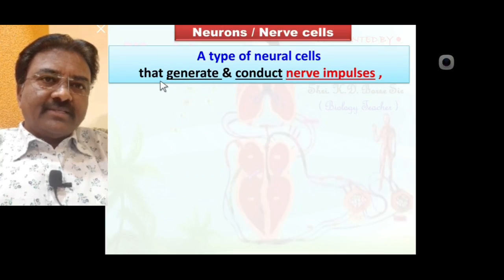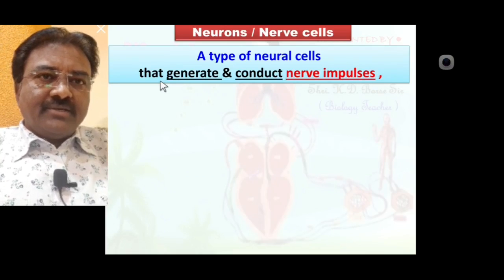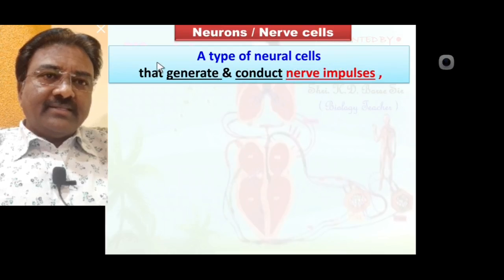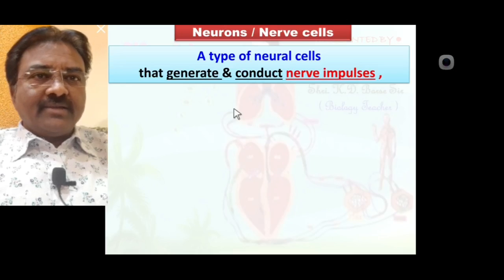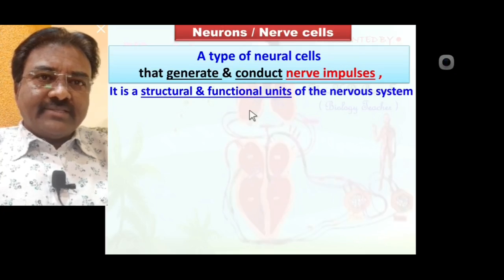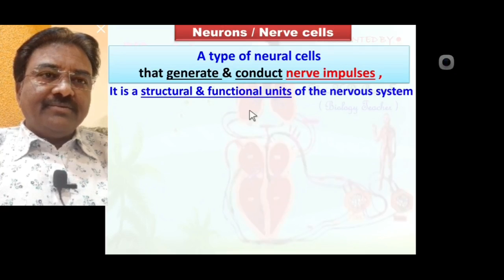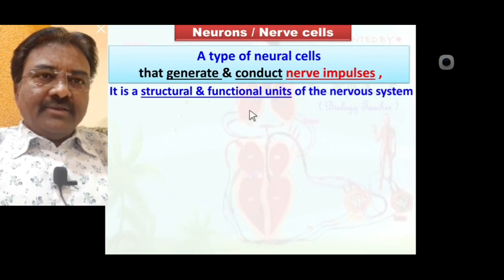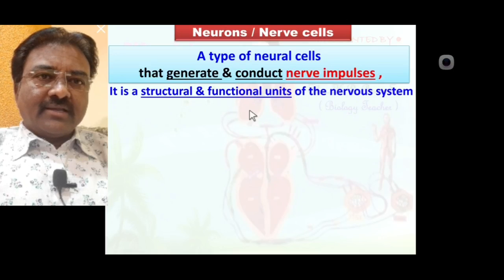Such neural cells are called neurons or nerve cells. Neurons or nerve cells are structural and functional unit of nervous system because neurons or nerve cells actually work the nervous system.